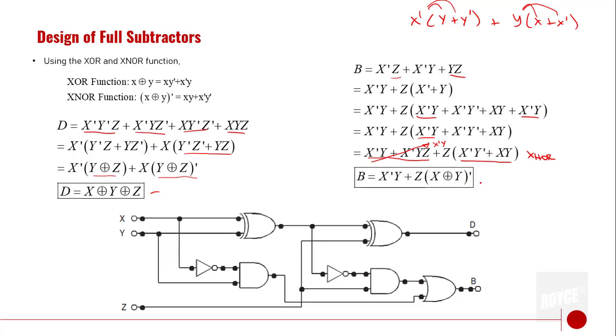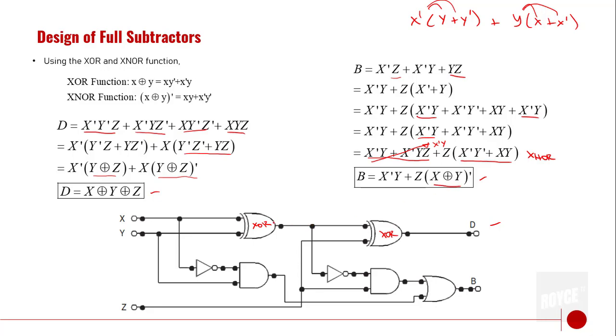Ita-translate na natin to into our logic circuit. So the D is x naka-XOR sa y, ito siya. And then naka-XOR sa z, ito. So that's our D. Next is the B. So na-XOR na natin yung ito, di ba?